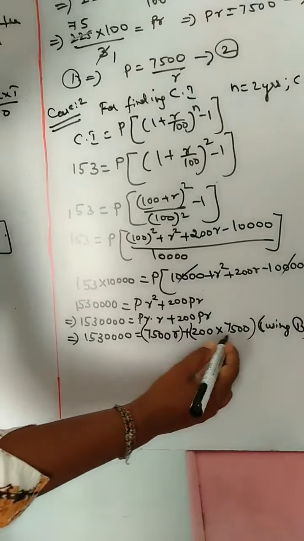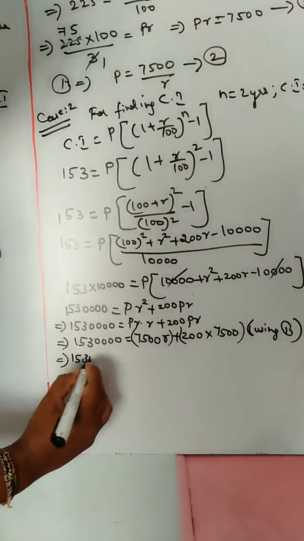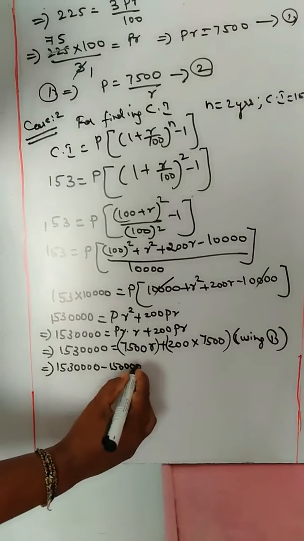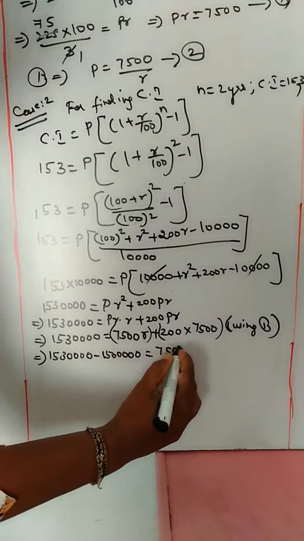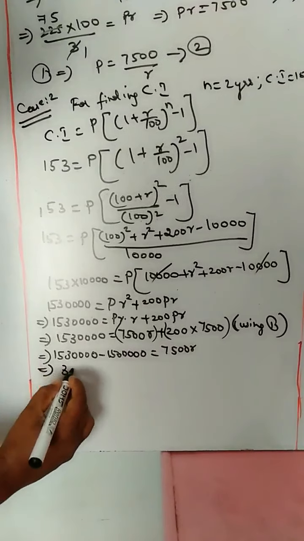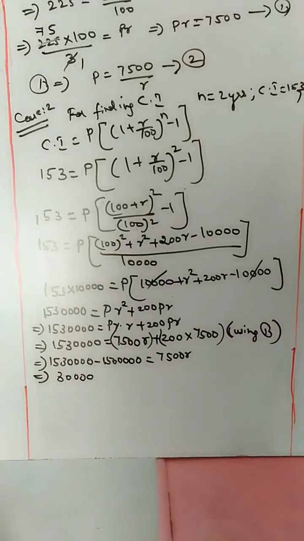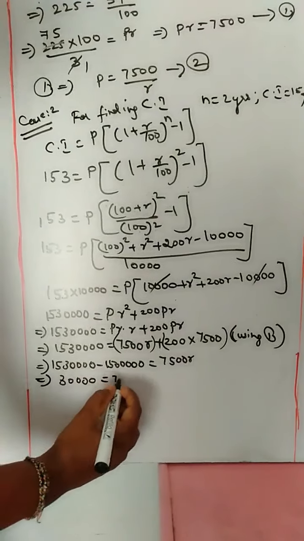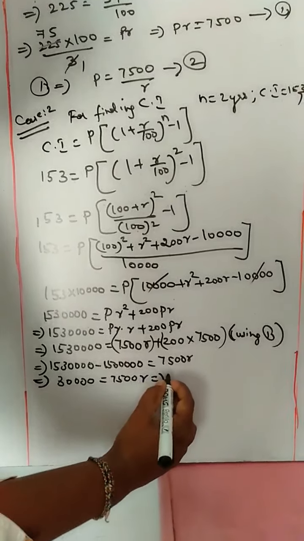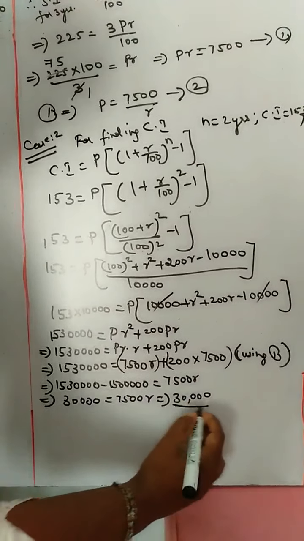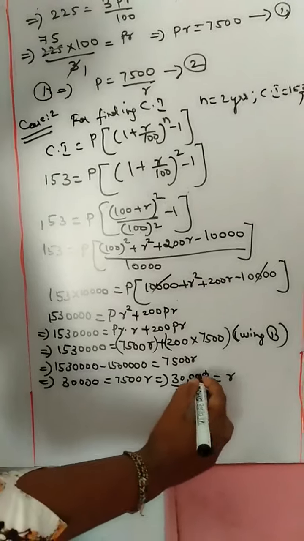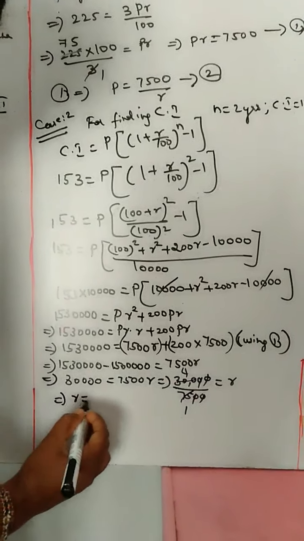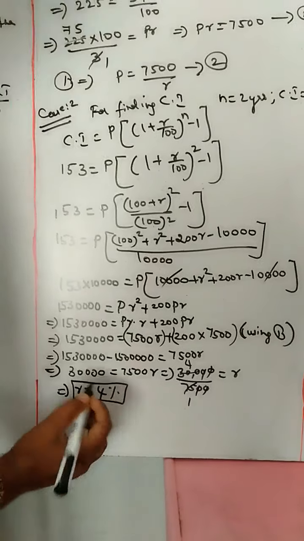Taking this number to this side, 15300 minus 15000, that is 300, is equal to 7,500 R. Which implies 300 by 7,500 equals R. Cancelling the two zeros, by the table, if we cancel this one time, this is 4 times. So R is equal to 4%.